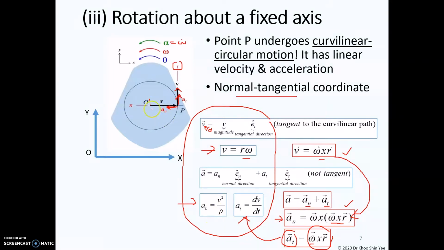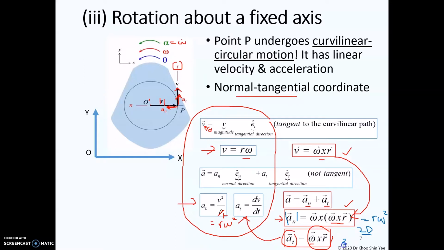So when you perform this calculation, you are actually computing the normal acceleration, which is also known as the centripetal acceleration. The magnitude of the normal acceleration is equal to v squared over rho, where the rho is equal to r in this case, and you can convert this equation into r omega squared, where the v is equal to r omega. You need to be careful. The magnitude of the normal acceleration is equal to r omega squared for the 2D rotation case only.